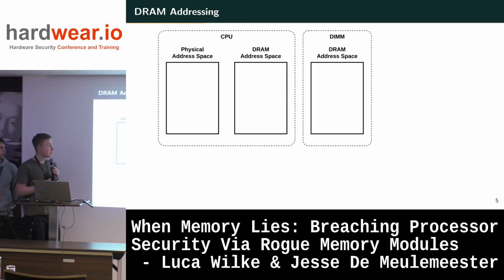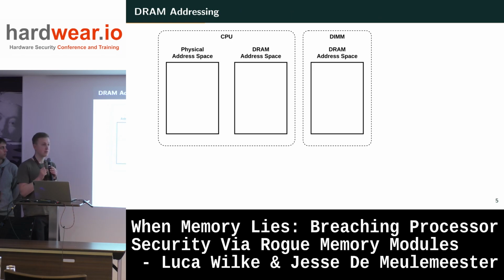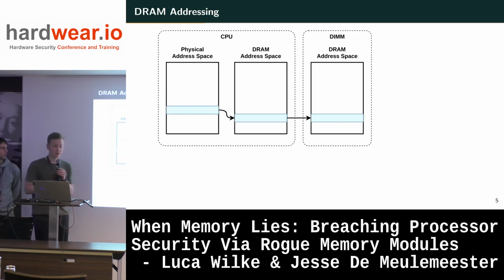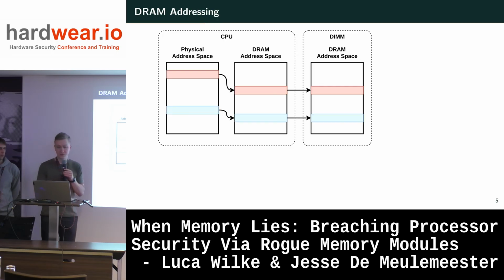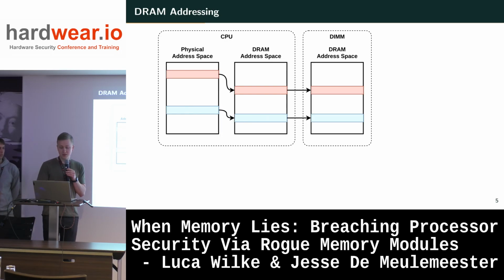For this, we need to understand a bit more about what actually happens when we do a memory access. We have two different address spaces. We have the physical address space, which is what the CPU sees, and then the memory translation unit translates this into DRAM addresses, which we actually send to the DRAM. The implicit assumption here is that if we have two different physical addresses, they should of course map to two different addresses on the DRAM.